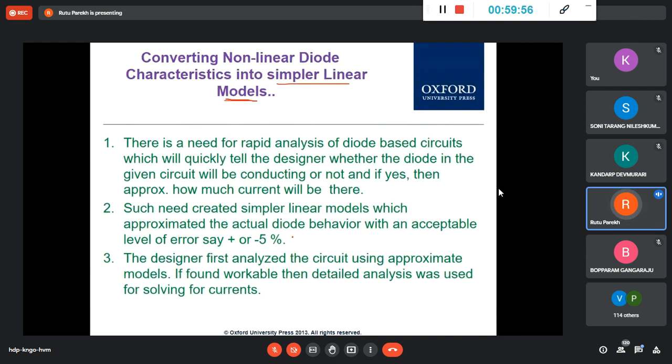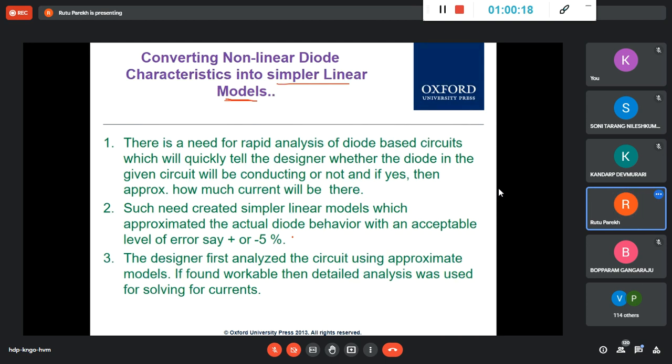It is made of some material and has some dimensions. Based on this physics, it will have the IV curve. It's not only necessary to understand the physics, but you have to have an equation for it. So based on all this mathematics and physics, there will be an IV equation of the diode.